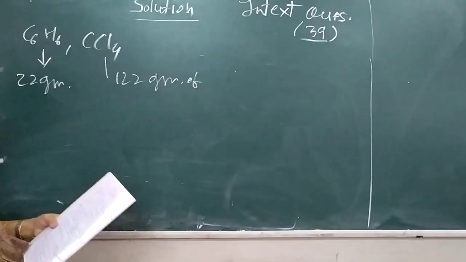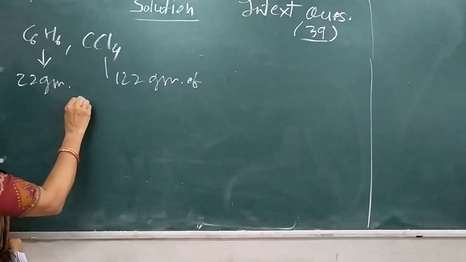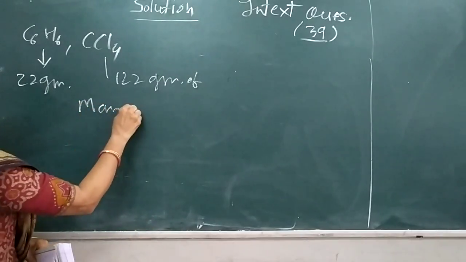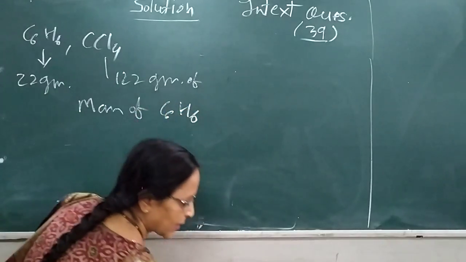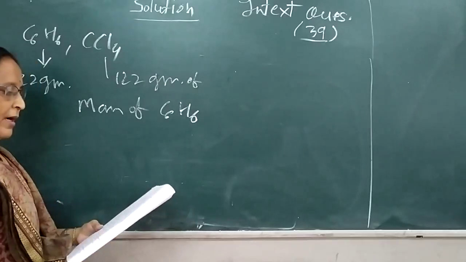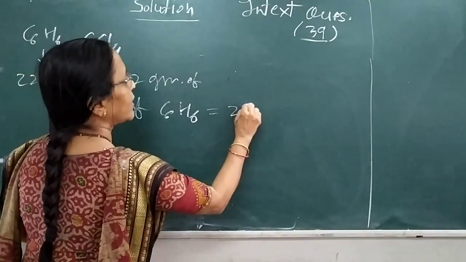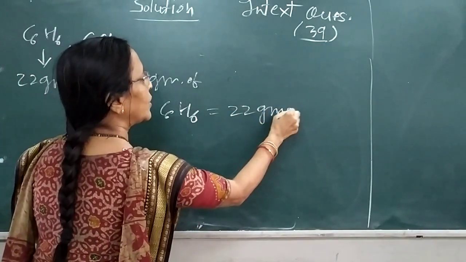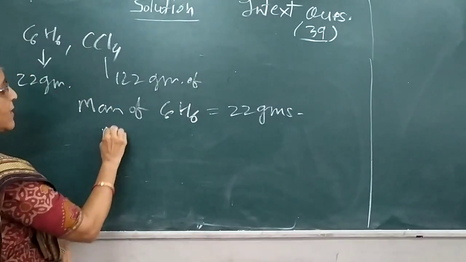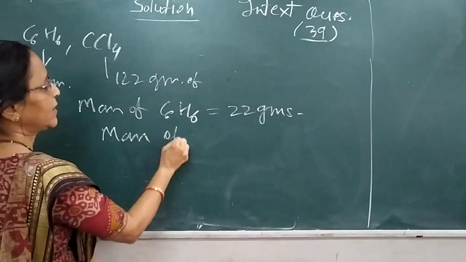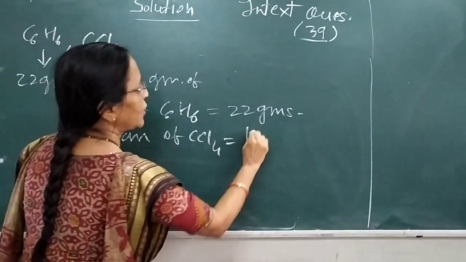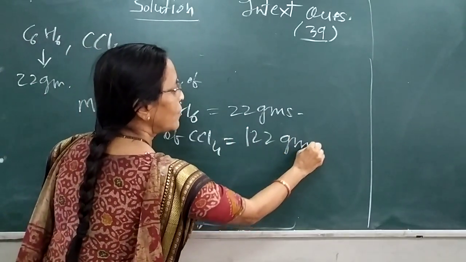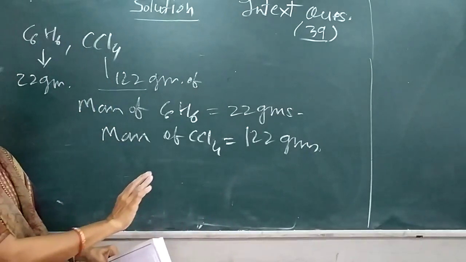Now here we write the mass of benzene, C6H6, already given in the question, 22 grams. The mass of CCl4 is also given, 122 grams.